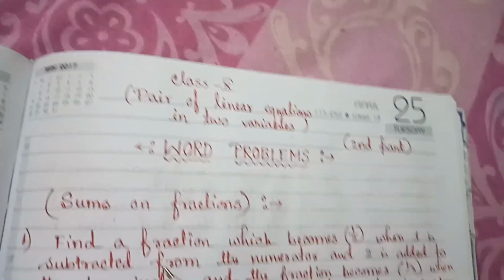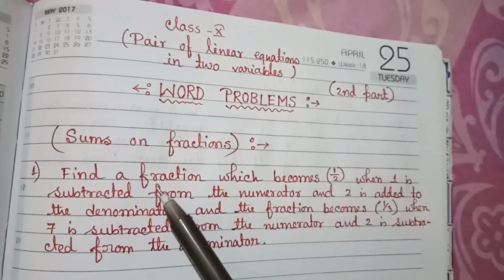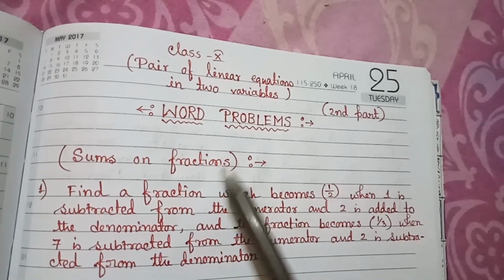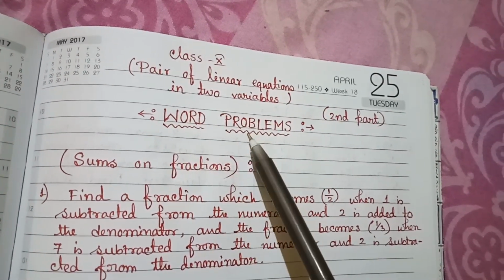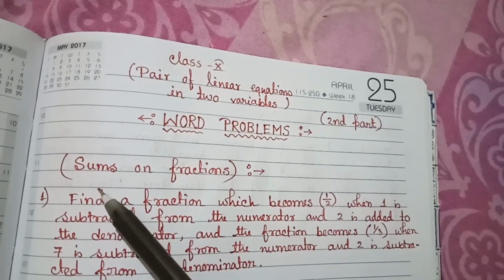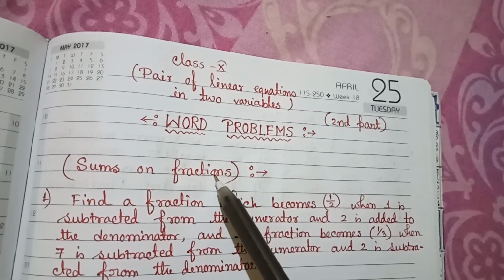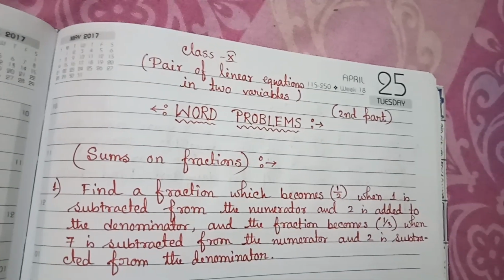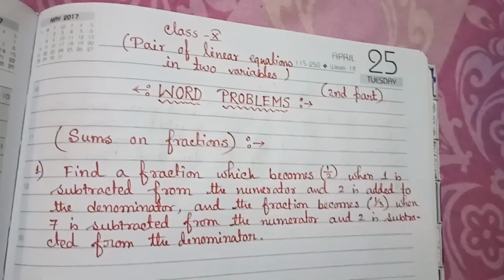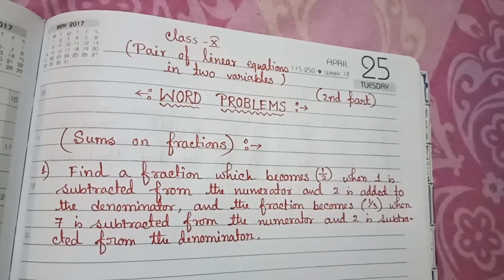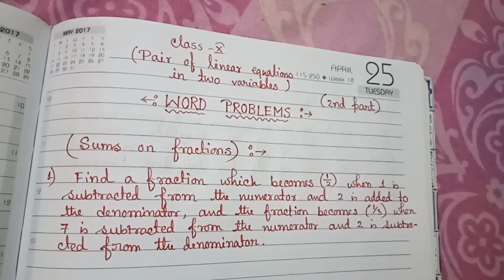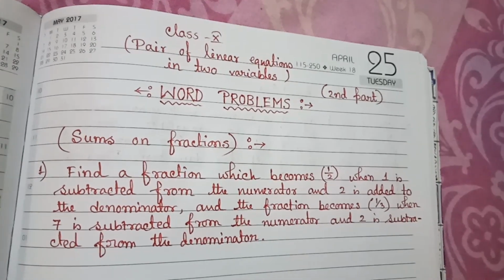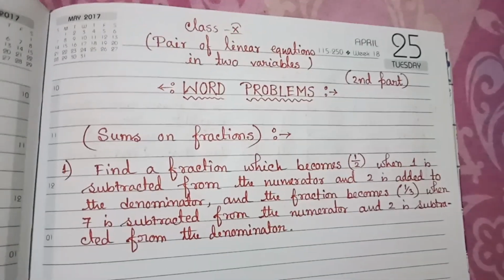So today also, like previously, I have brought for you some other types of word problems. And the type names I have written here as headings. You can see the first heading is sums on fractions. Most of these questions are quite the same.